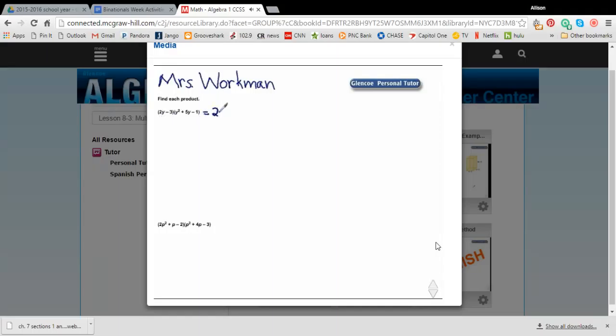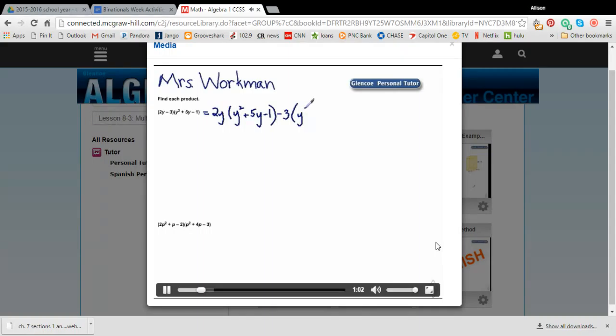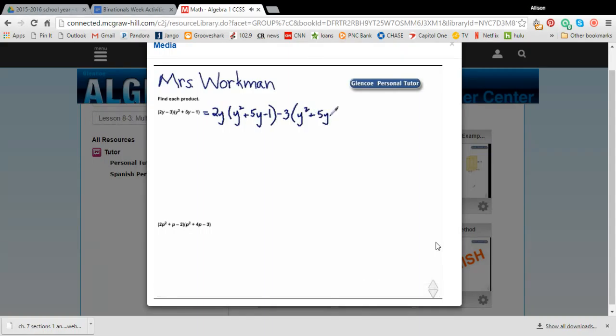So it would be 2y times the quantity y squared plus 5y minus 1. Now I can come back here and pick up the negative 3, and it will now multiply all of the terms inside the parentheses. y squared plus 5y minus 1.